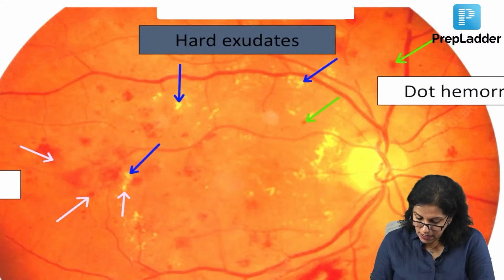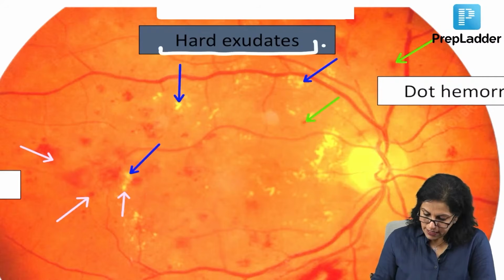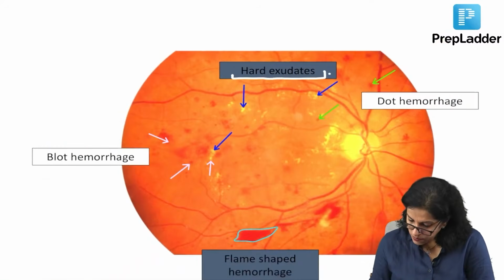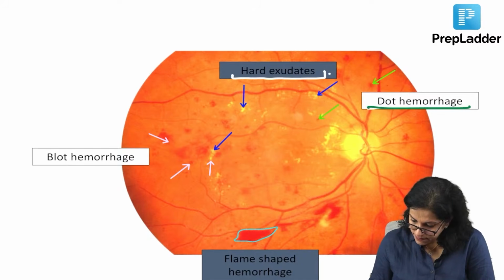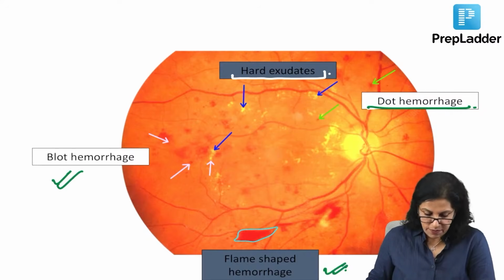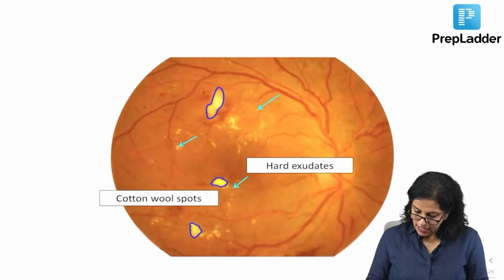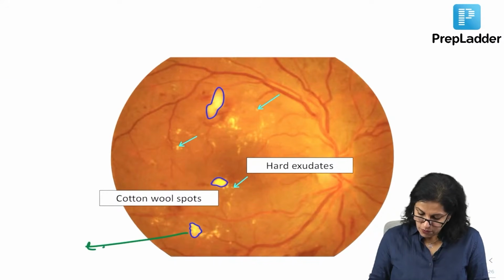So, these are the leaked lipids, these are hard exudates, right? And these are your dot hemorrhages. These are the blot hemorrhages and these are the flame shaped hemorrhages. And what are soft exudates? These are cotton wool spots. They look like cotton wool spots.